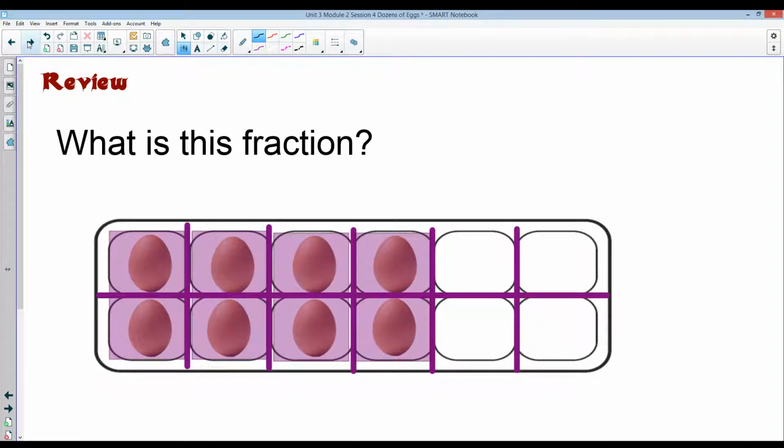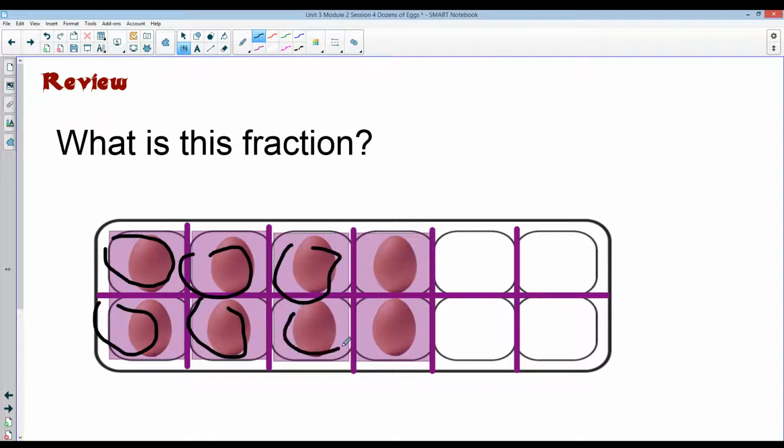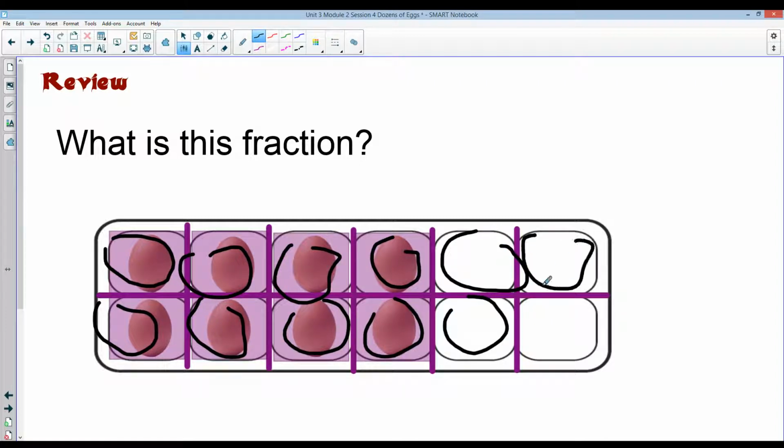Okay, so let's look at this again. What is the fraction? Okay, you should have said 1, 2, 3, 4, 5, 6, 7, 8, 9, 10, 11, 12 sections.